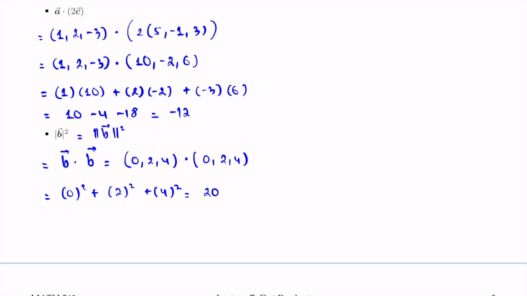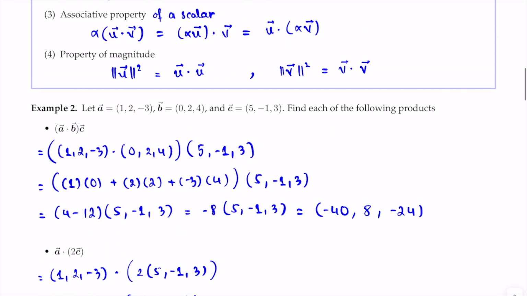Because of this calculation, you see that when written in the component form, the magnitude of a vector squared gives you the result of u1 squared plus u2 squared plus u3 squared. Or if you have the magnitude of the vector v squared, this gives you v1 squared plus v2 squared plus v3 squared.